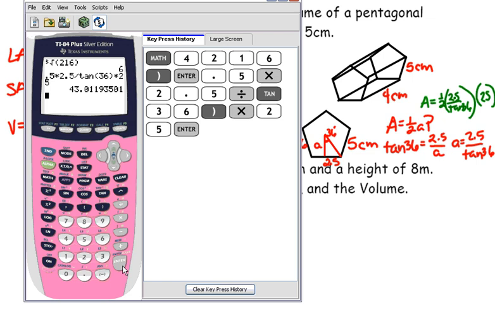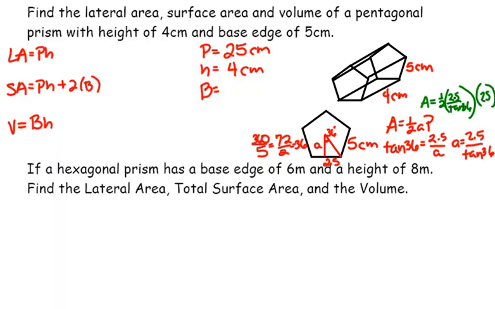And I get 43.01 and so on. All right, so that is the area of my base, 43.011 centimeters squared.